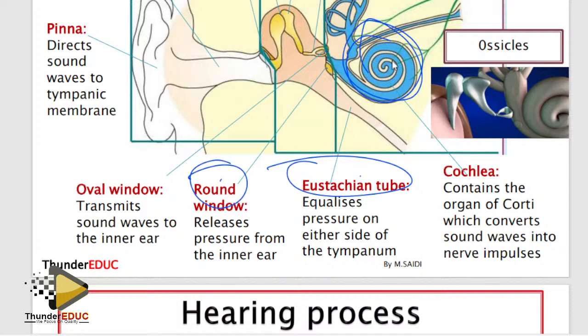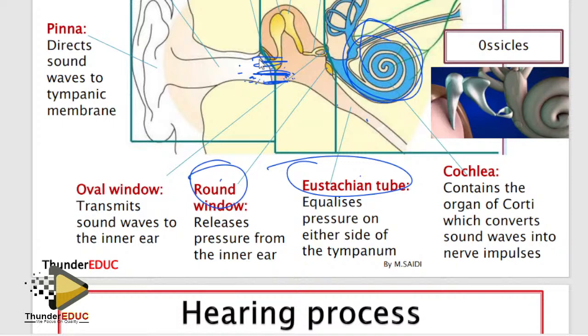I didn't talk about that too much, but the eustachian tube, you need to know, equalizes pressure on either side of the tympanic membrane. How does it equalize pressure on either side of the tympanic membrane? Basically, the eustachian tube allows air to go in and out, so that the pressure is equalized.